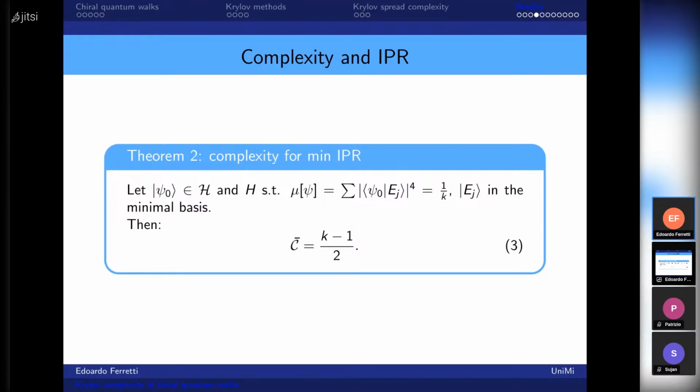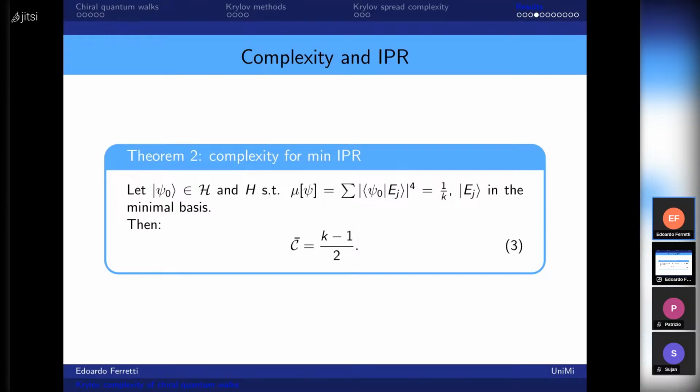And another property, which I found incidentally while trying to compute something else, is that there is a relation between, it's easy, this complexity with the bar is just the time average from 0 to infinity of C of t.